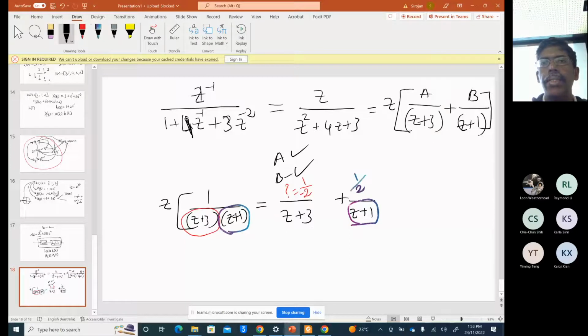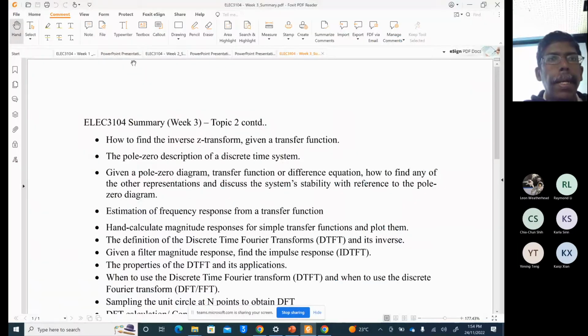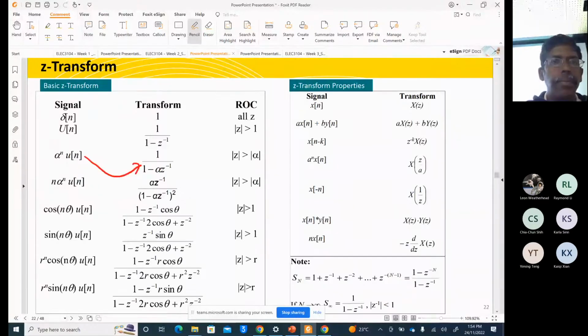So that is the shortcut. Then you can write the inverse Z transform from the table. You already have a z here, multiplied by z inside, it becomes 1 over 1 plus z to the minus 1, which is in this a^n u[n] pattern.